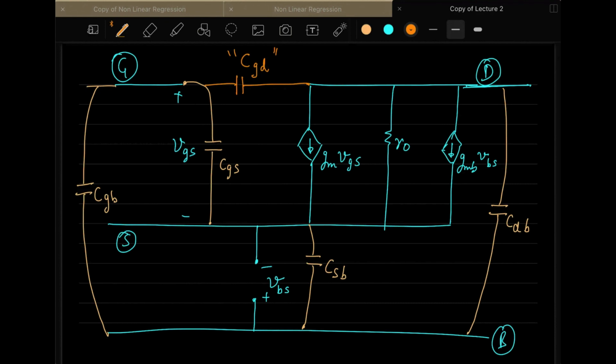But when we understand the frequency domain analysis of these transistors, then these capacitances will start playing their role, because at high frequencies these intrinsic capacitances will have some value, and normally at low frequency all these capacitances are open circuited. So please keep this in mind. When we discuss frequency responses, we will understand by drawing this circuit, the one which we are drawing over here.